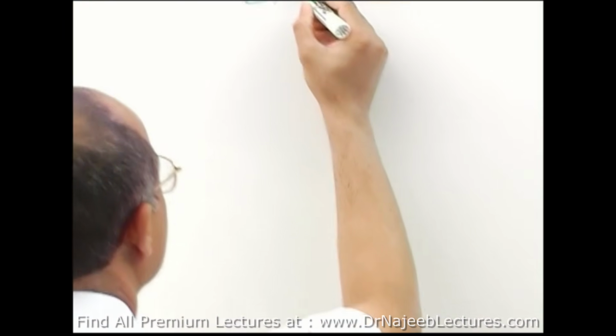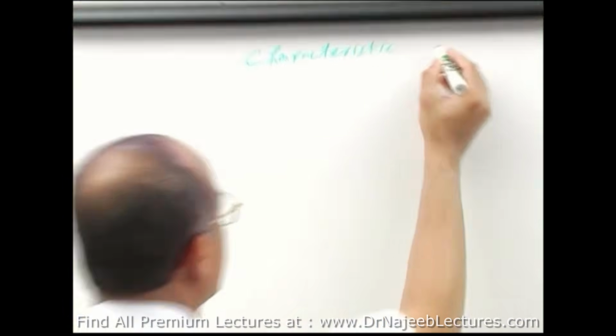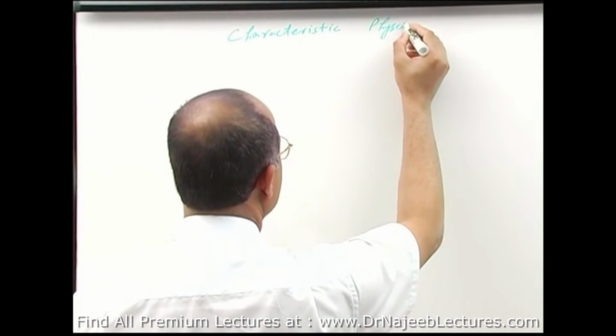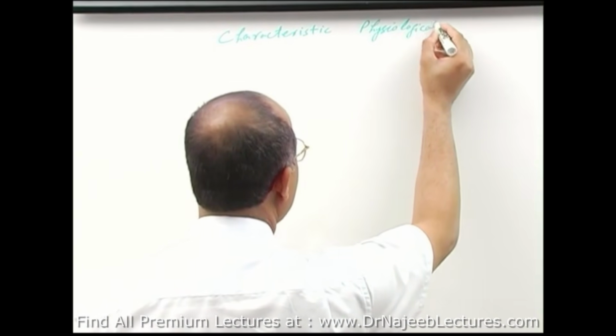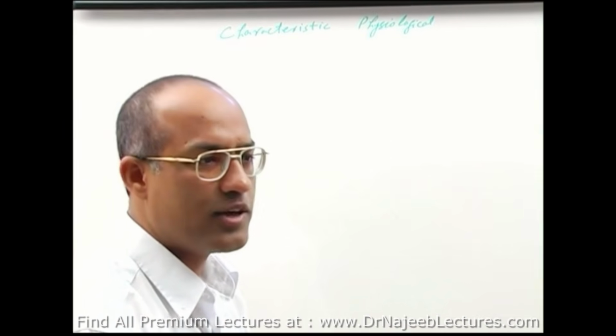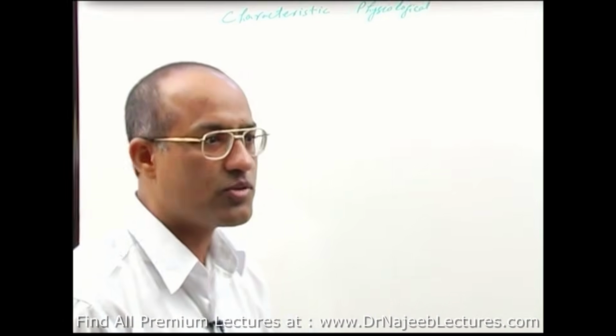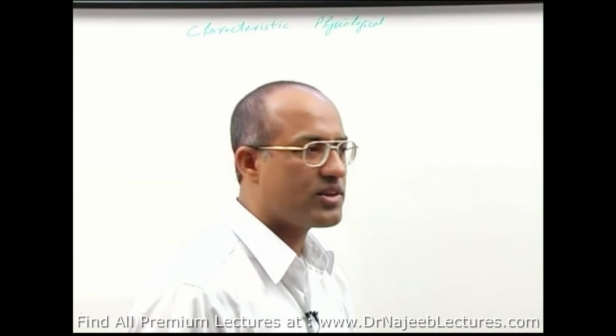So we start with the characteristic physiological actions, and of course pharmacological. Because it is a physiological action when it is endogenous epinephrine and norepinephrine, but if you are giving some drugs, which are sympathomimetic drugs, the same actions will be said to be pharmacological actions.